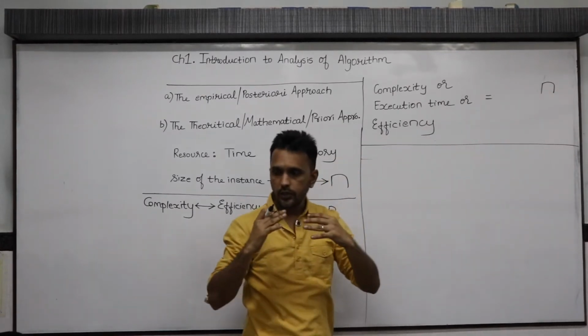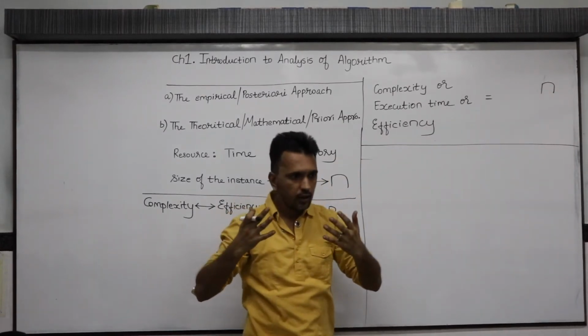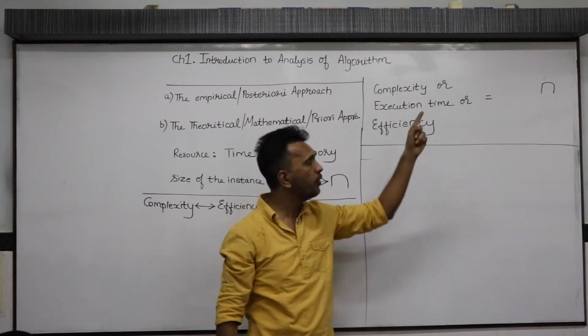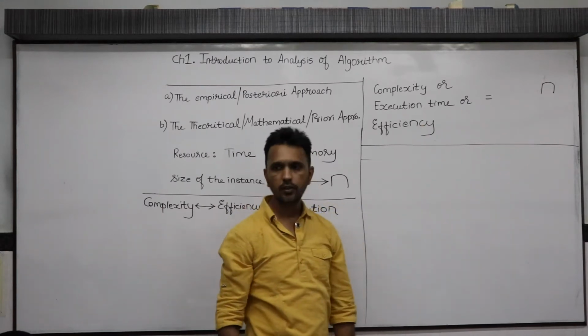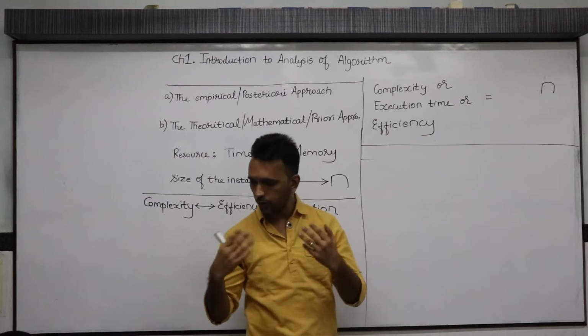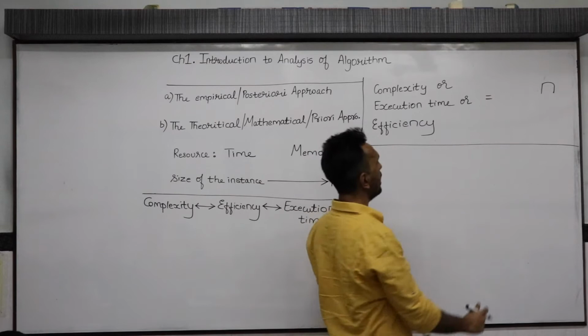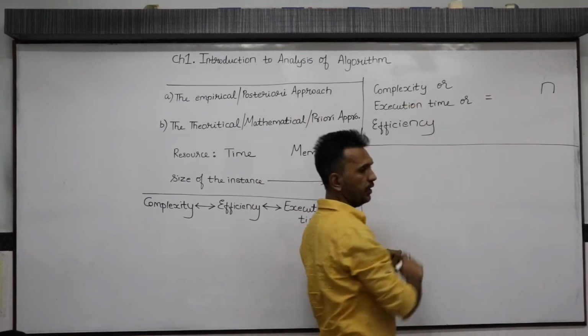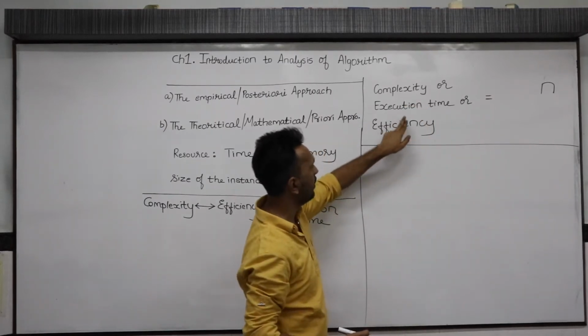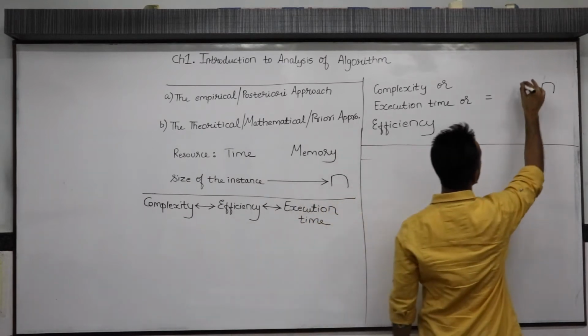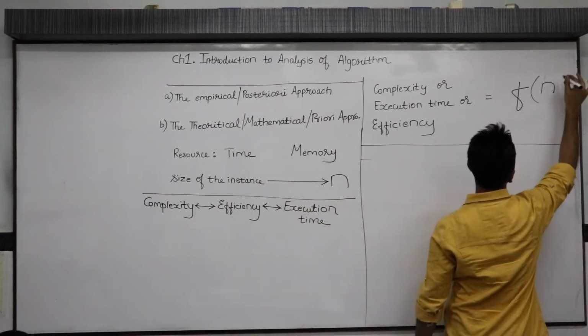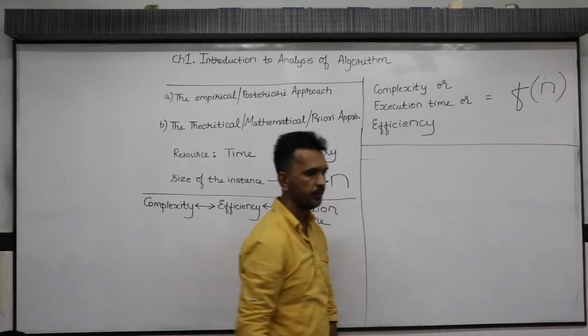Now, we say this function of n. When we say function of n, how do we write it? f(n). These three words, function of n, how do we write it? f(n). So I will say complexity or execution time or efficiency is equal to f(n).